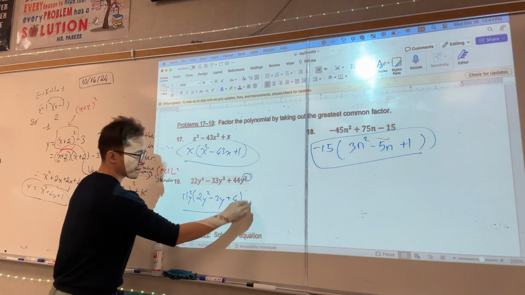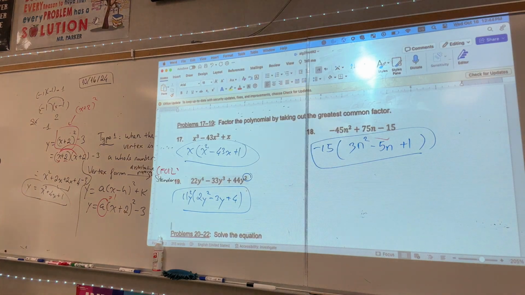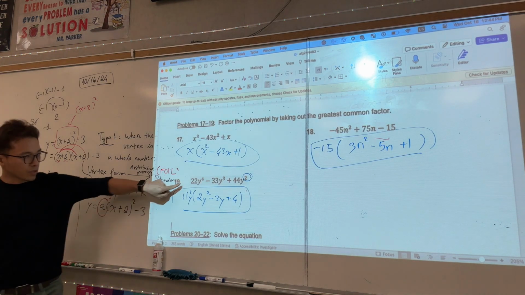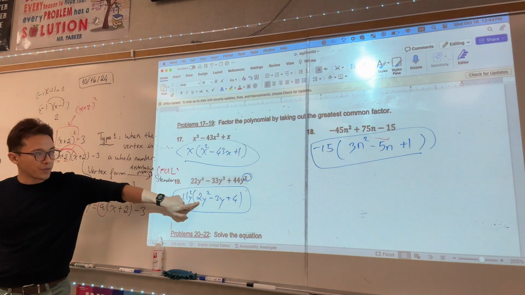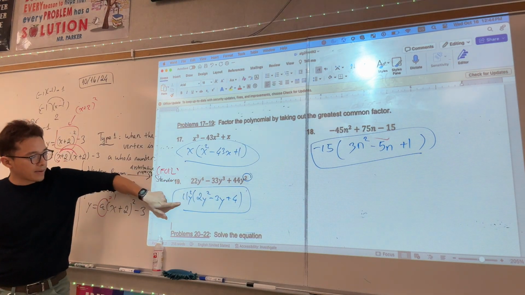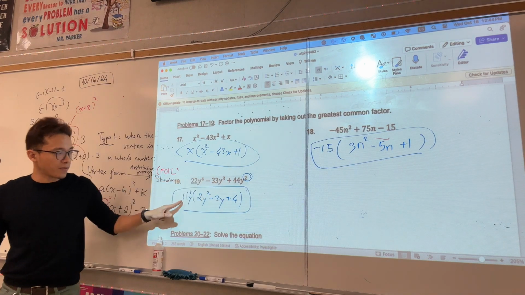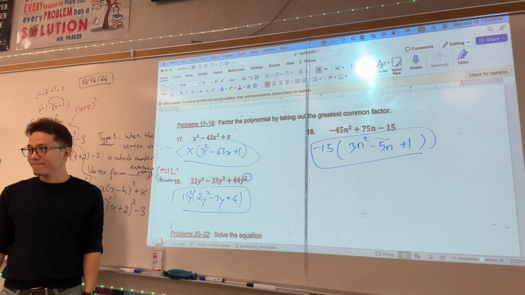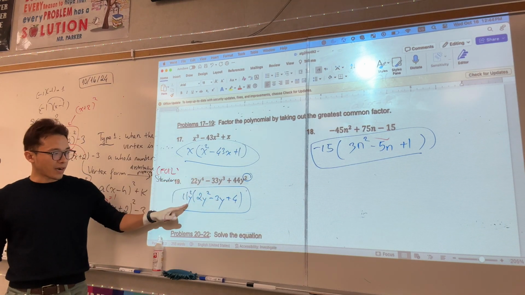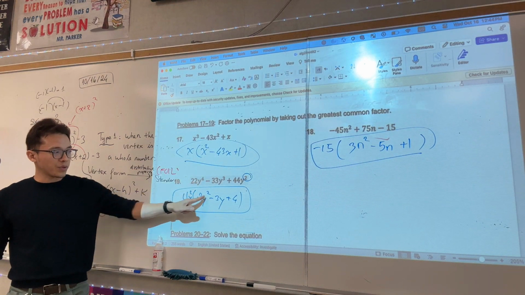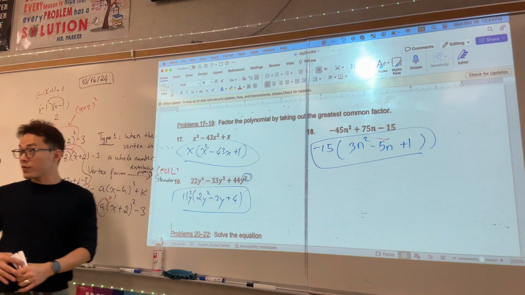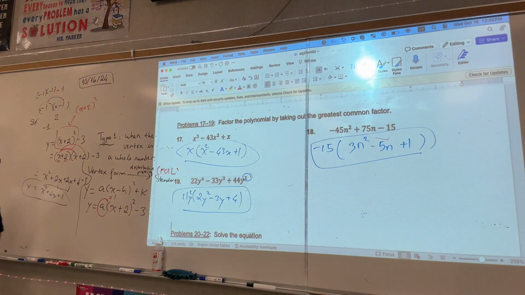That's it. So 22 divided by 11 is 2. Negative 33 divided by 11 is negative 3. 44 divided by 11 is 4. For y to the 4, when you divide by y squared, that means 4 minus 2, you have left 2. When you divide the power, I understand, William, I understand.